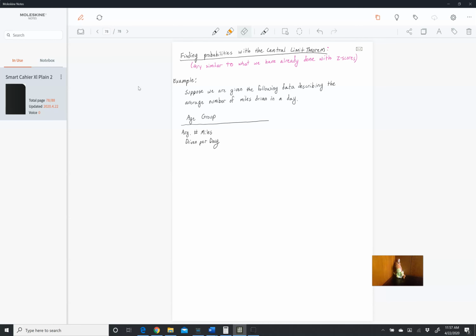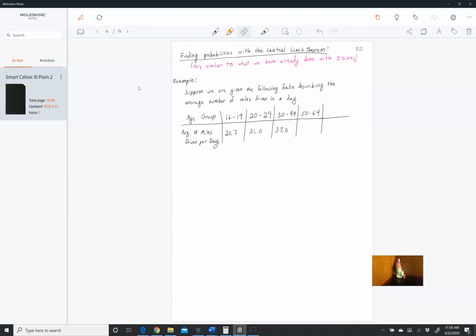So we have an age group of 16 to 19. 16 to 19-year-olds drive an average of 20.7 miles per day. 20 to 29-year-olds drive an average of 31 miles per day. 30 to 49-year-olds drive an average of 37 miles per day. 50 to 64-year-olds, notice these are not equal age groups.